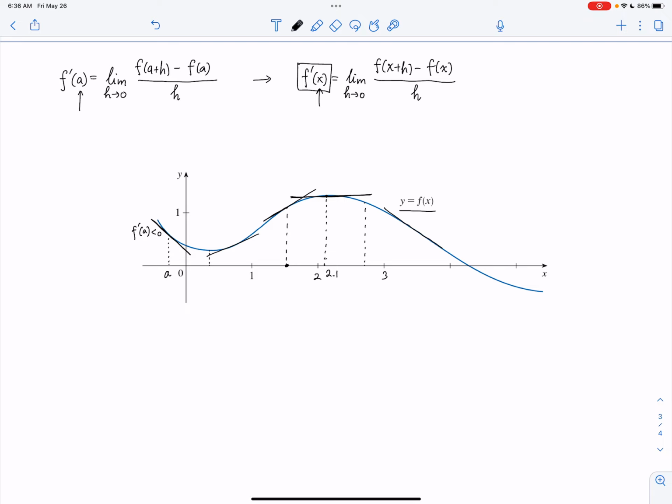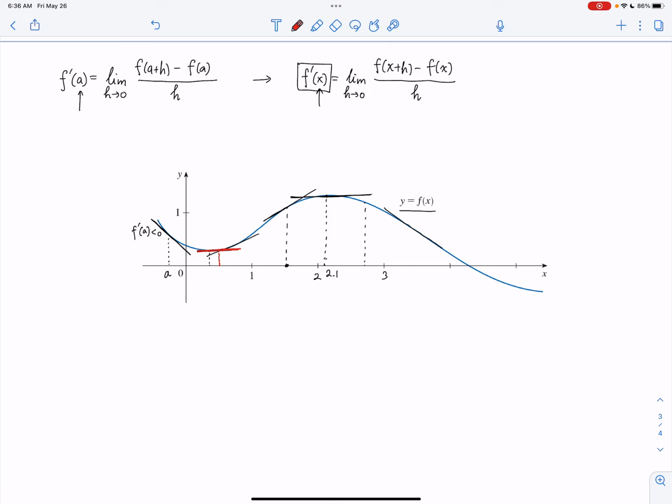Okay, now you can see the pattern. Up to this point, this point has some tangent line that's kind of flat, right? So at this point, the derivative is 0 because the tangent line is horizontal.